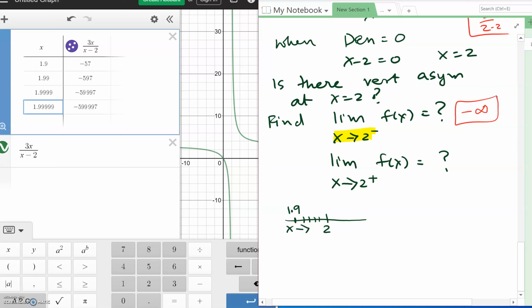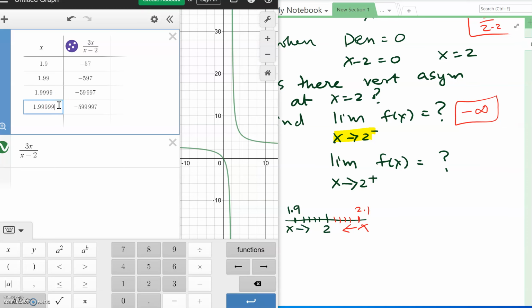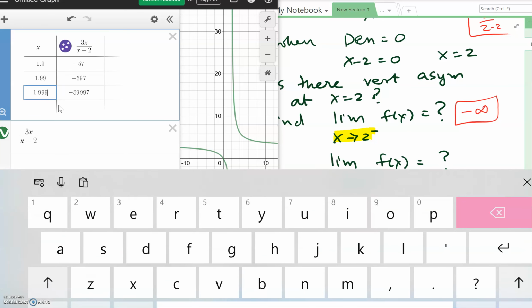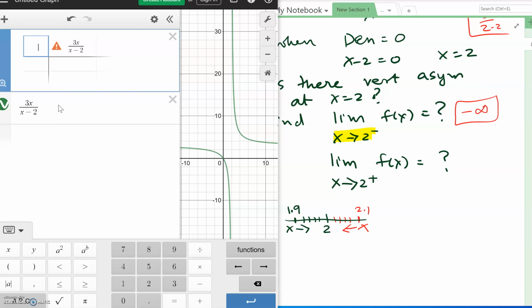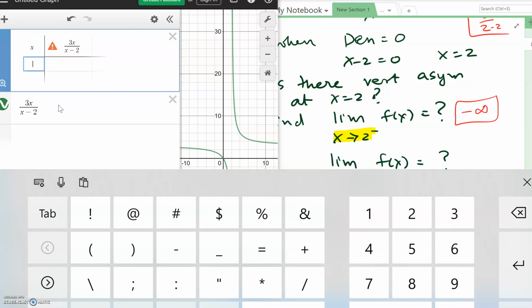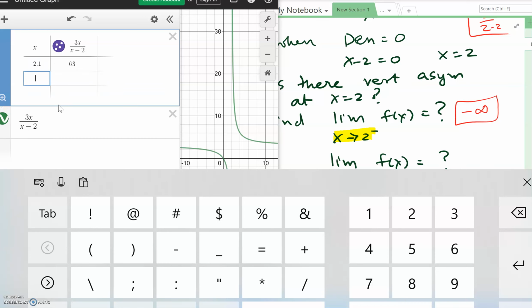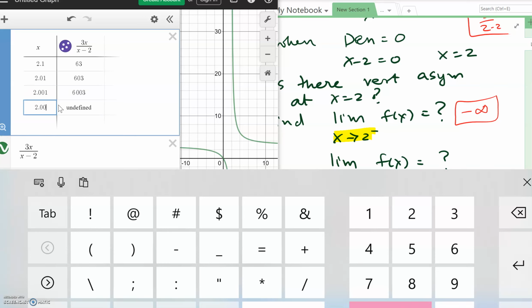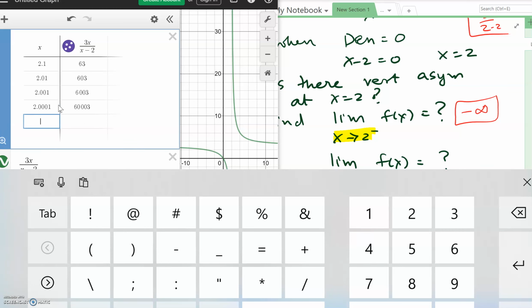So negative infinity is the left limit, and the right limit is when x approaches 2 from the right side. We're going to start off with 2.1 and then move closer: 2.1, 2.01, 2.001. We can identify a pattern here.